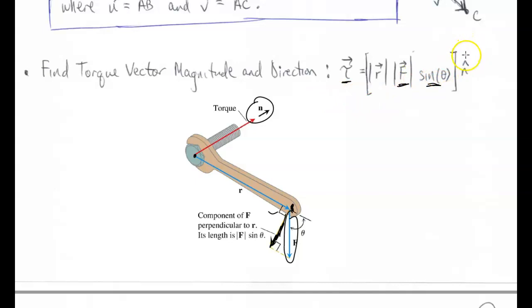And of course here we have this unit vector, okay? Now, another way that we could express this is simply as R cross F, okay?